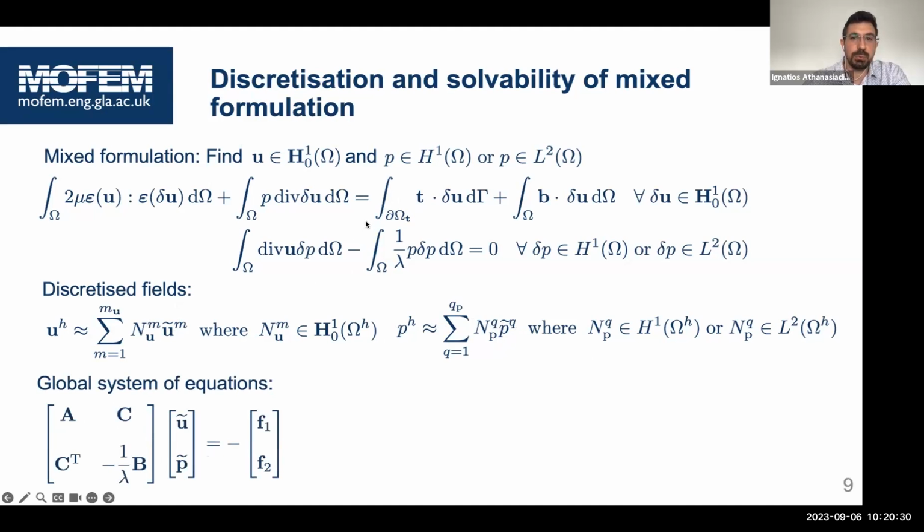Now, as I said before, what is brought by this formulation is that we can deal with the incompressibility. And this is what I'm going to describe now: we can divide the second equation by lambda that tends to infinity.